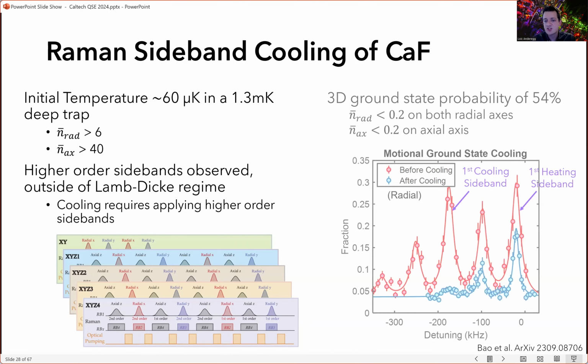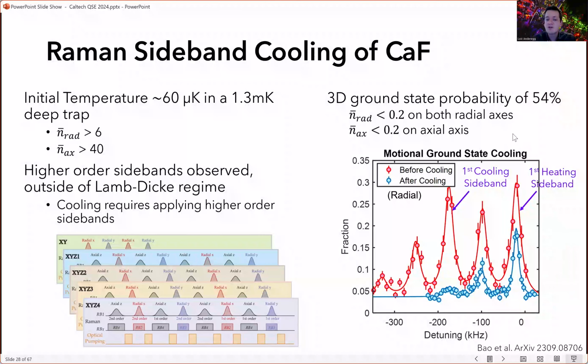When we do this, it works quite well. We reach a final average occupation on both the axial and radial direction of n bar of about 0.2. Or you can think of this as reaching the full 3D ground state with about a 55% chance.